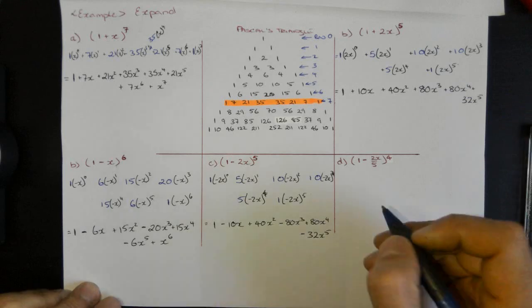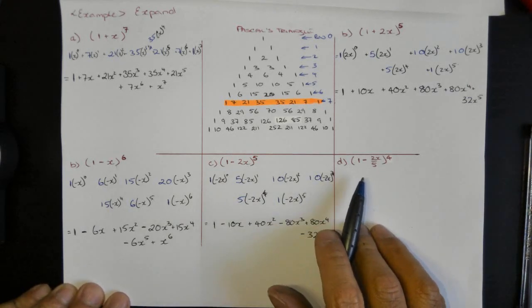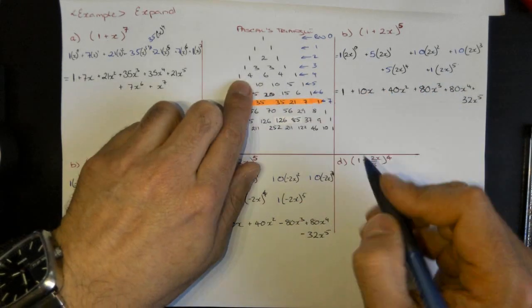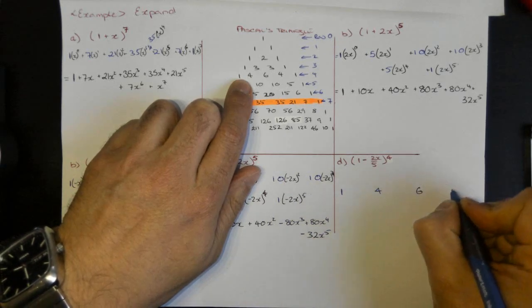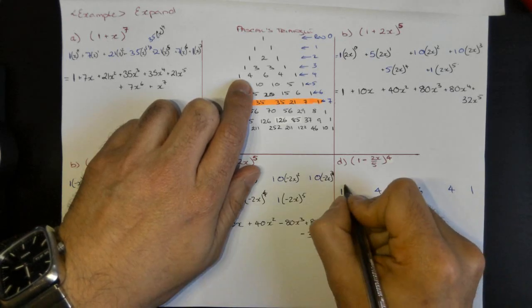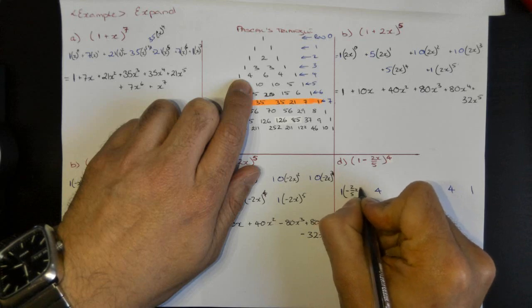Okay. Last example on this page, we've got (1 minus 2x over 5) to the power of 4. Okay, we've got coefficients 1, 4, 6, 4, 1. It is negative 2/5 x to the power of 0.